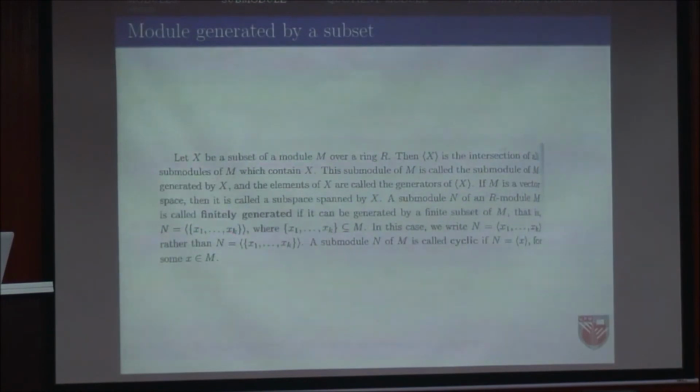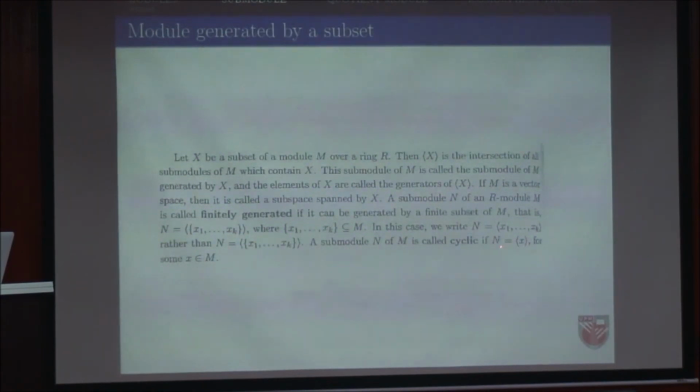If X is a finite set, then of course you have a finite number of elements of M, and you generate your module structure by using that finite number of elements. The module generated by this finite number of elements is called a finitely generated submodule.